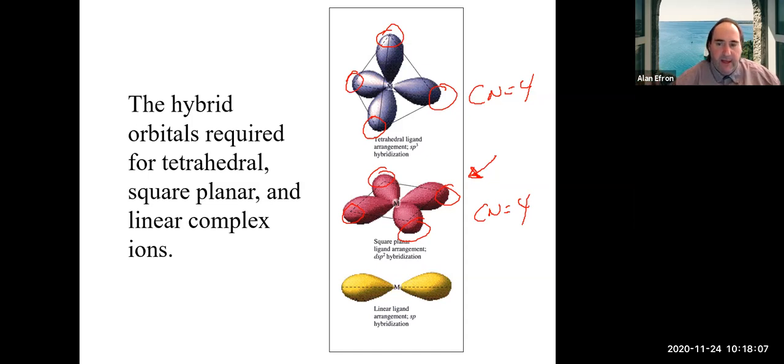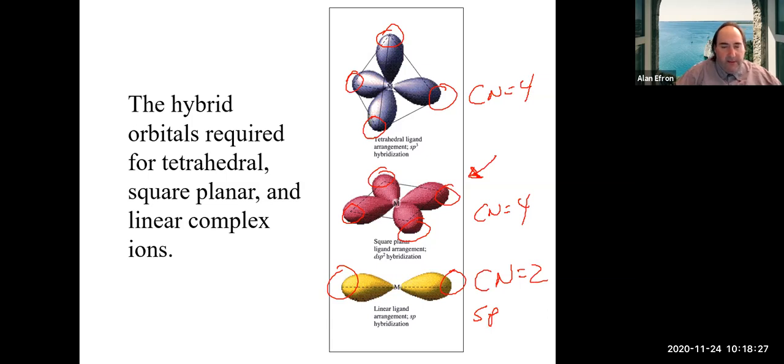This is where we have 6 electron pairs and 4 bonds, and that's our square planar geometry. And here is a coordination number of 2, which is our sp arrangement.